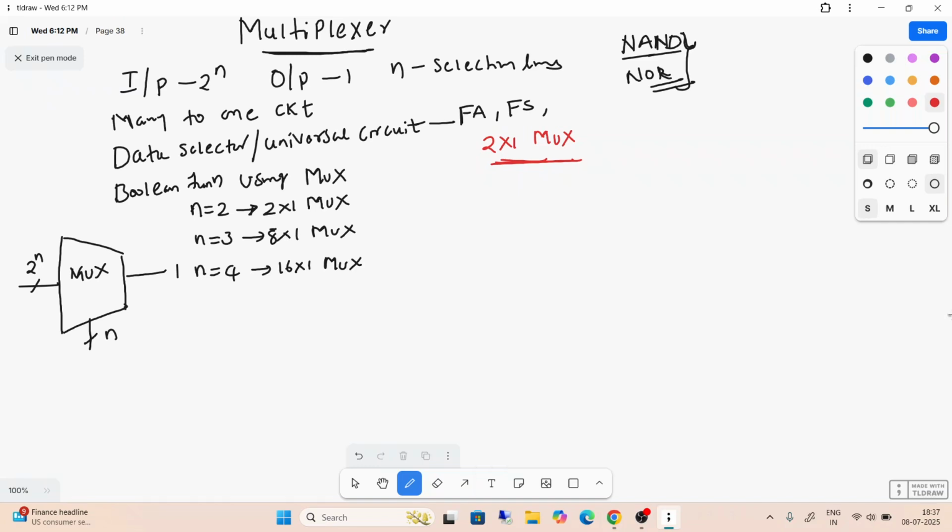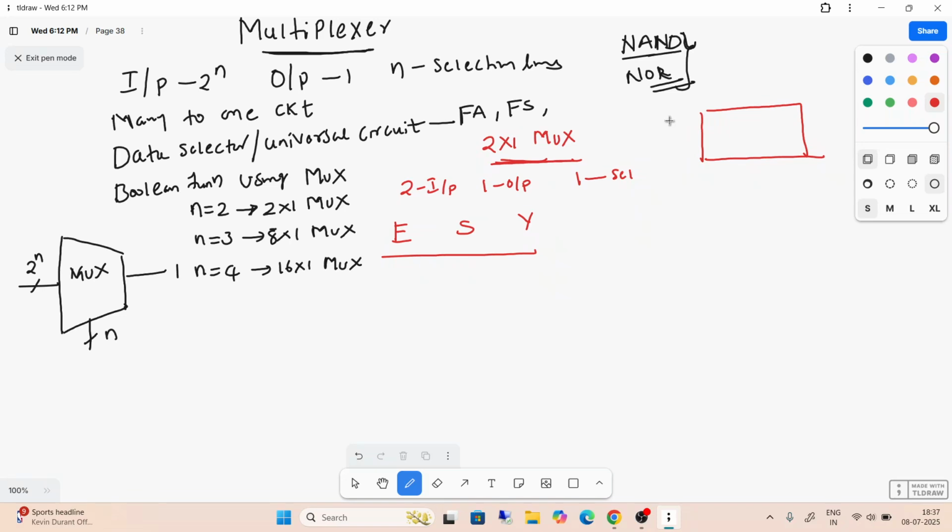If it is a 2 cross 1 MUX, how many data pins are there? Two inputs, I0 and I1, one output, and one selection line. There is also one enable pin. If it is a 2 cross 1 MUX, the enable pin is acting like a switch.